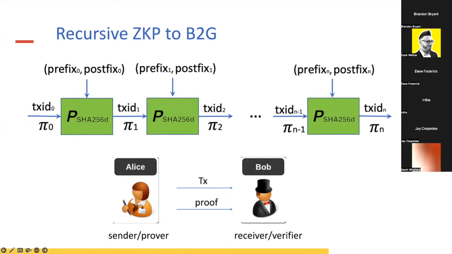Like I'm receiving a proof from someone, but is this proof about the transaction validity, or is it about the number of inputs? So it seems like Bob needs to know, not just run the proof, but know something about the semantics of the proof. Yes, exactly.